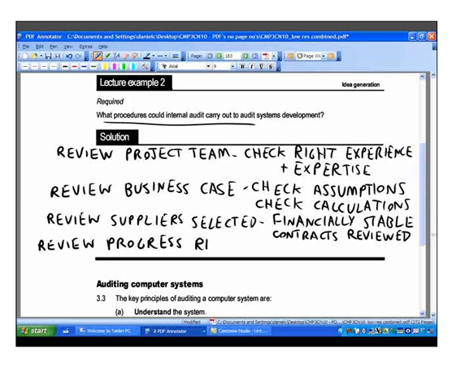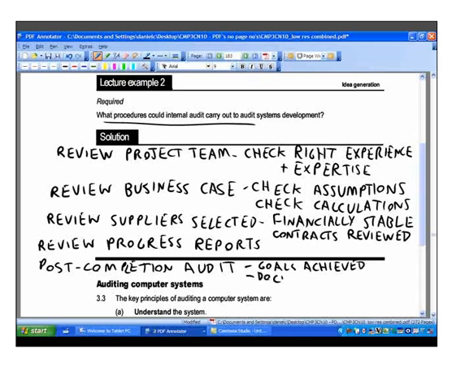An internal audit might well conduct some sort of post-completion audit, and see whether, with hindsight, the goals have been achieved, whether the documentation is complete, and whether there are any lessons to be learned for future projects.